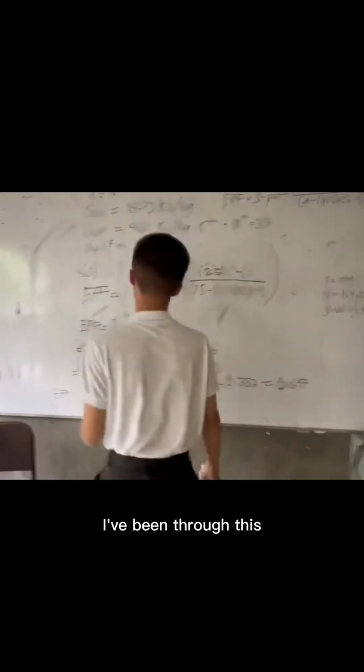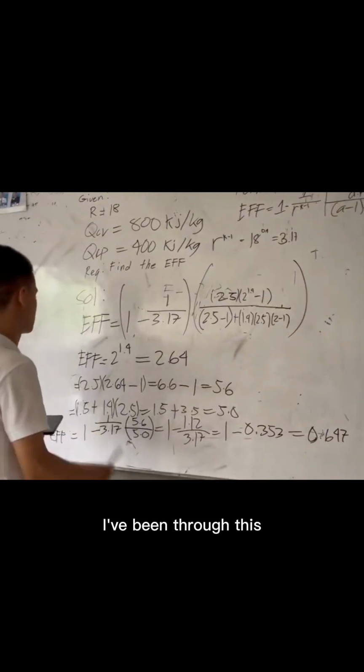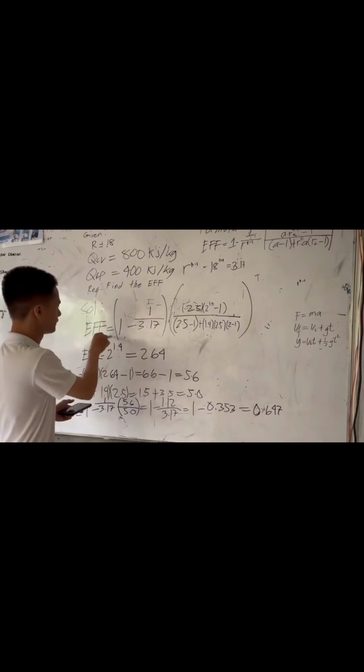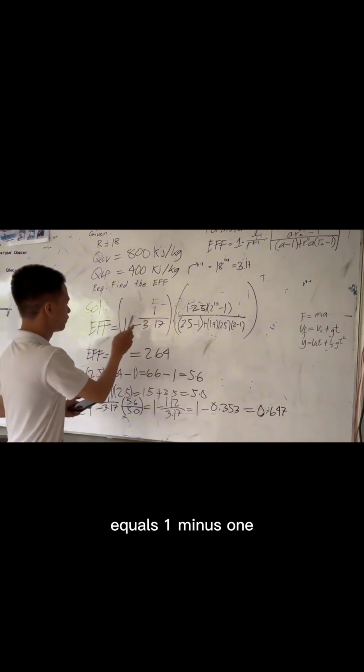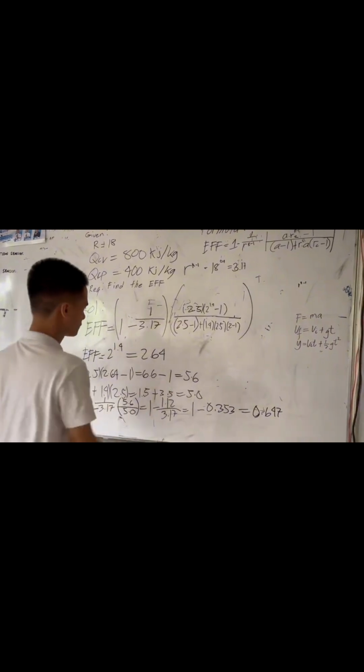Our solving: first we substitute. Efficiency equals 1 minus 1. Just substitute it in.